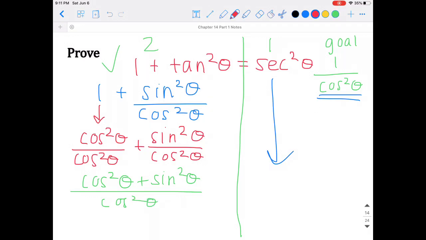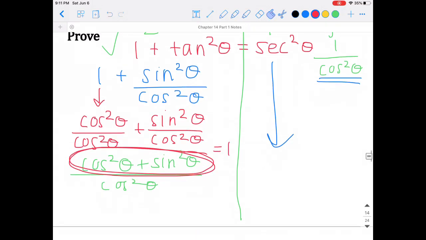In our numerator, we have cosine squared of theta plus sine squared of theta. Notice that's a Pythagorean identity. We know that that is equal to 1. So we can rewrite this fraction as 1 over cosine squared of theta. This matches up exactly with the goal that we're trying to get to.